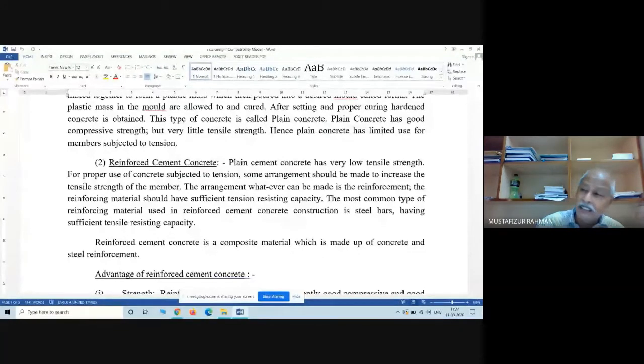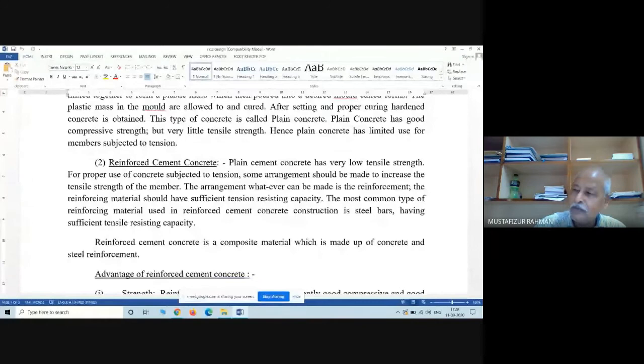According to IS code, the tensile strength of plain concrete is hardly 10% of the compressive strength. If the compressive strength of concrete at the end of 28 days is 30 Newton per millimeter square, then the tensile strength is only 3 Newton per millimeter square.